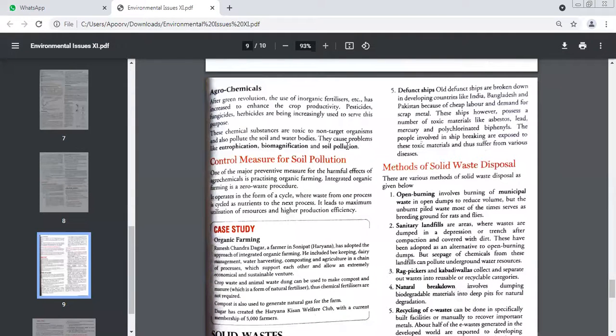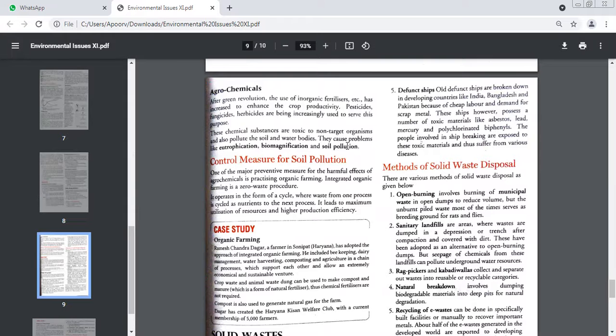Yes. What was the purpose of the Green Revolution? To increase productivity. Exactly. So to increase productivity, people started using all kinds of techniques possible. One was using excess of what? Chemicals.